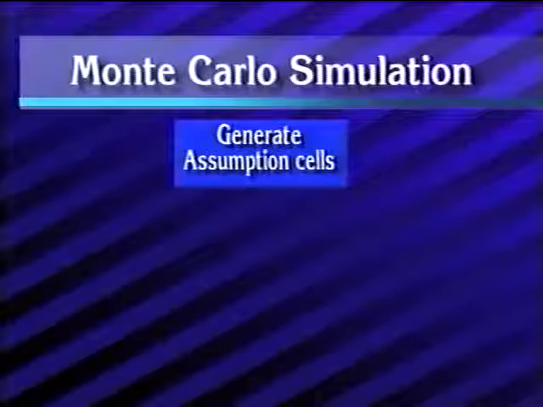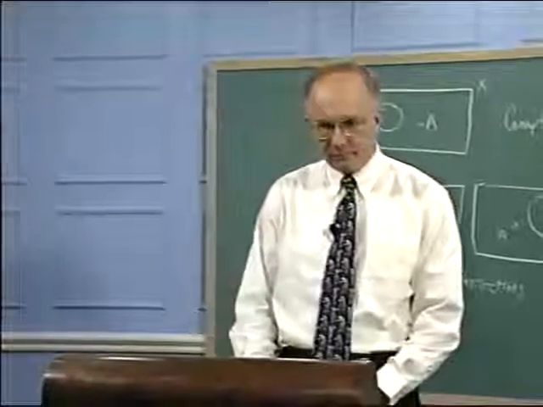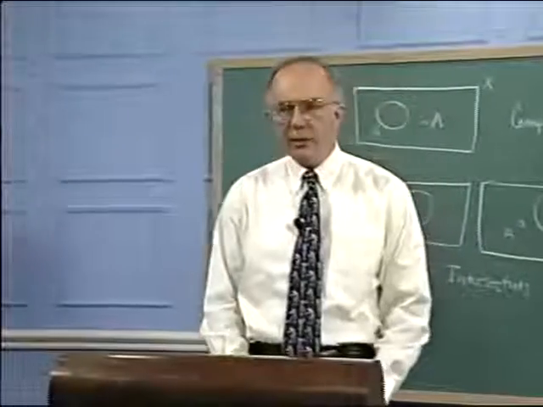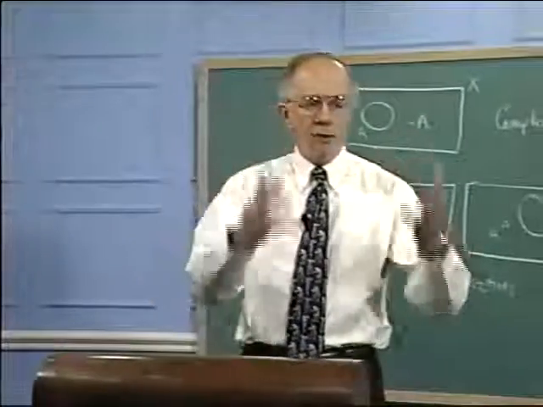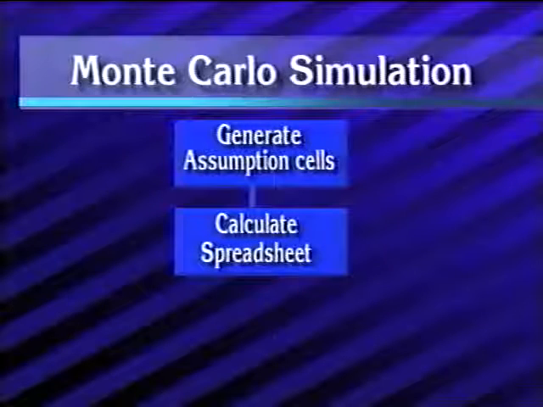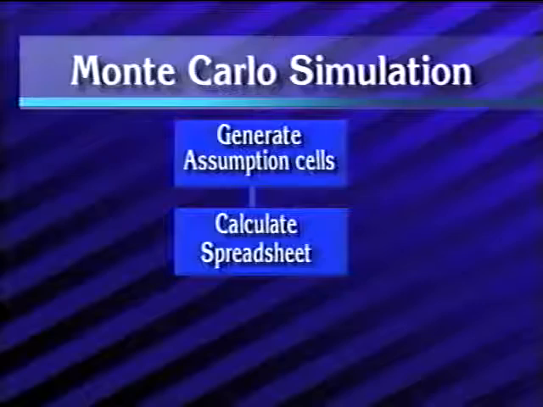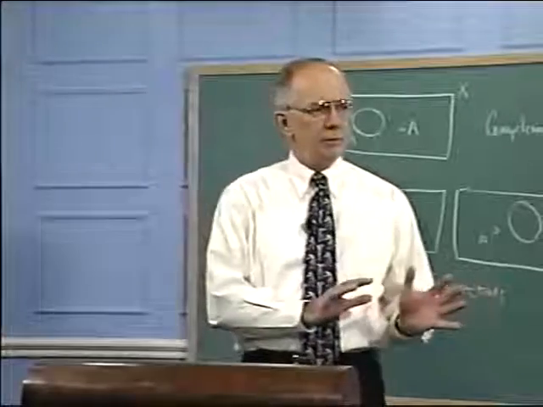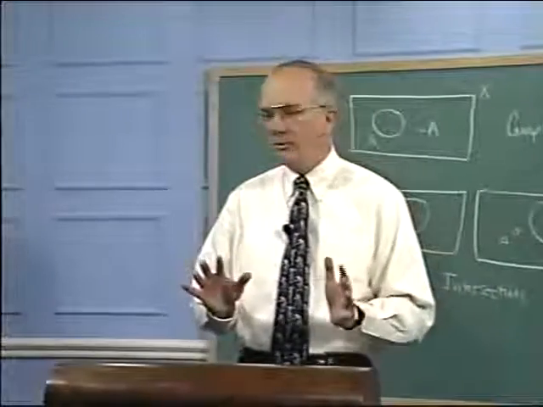And I'll give you an illustration of this in just a minute. Then, given those assumptions, you will calculate the values inside of a spreadsheet, let's say, maybe 100 times, maybe 1,000 times.